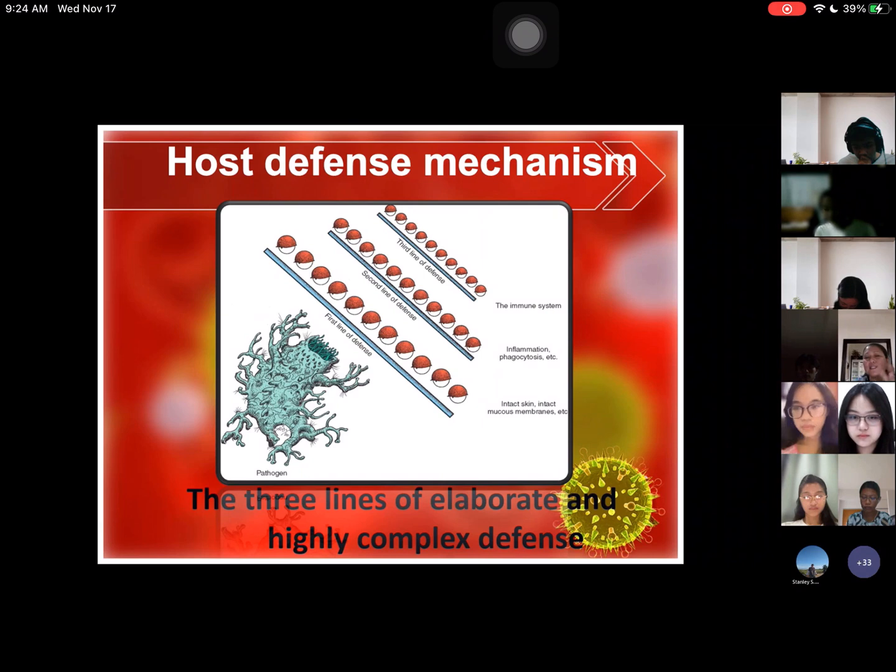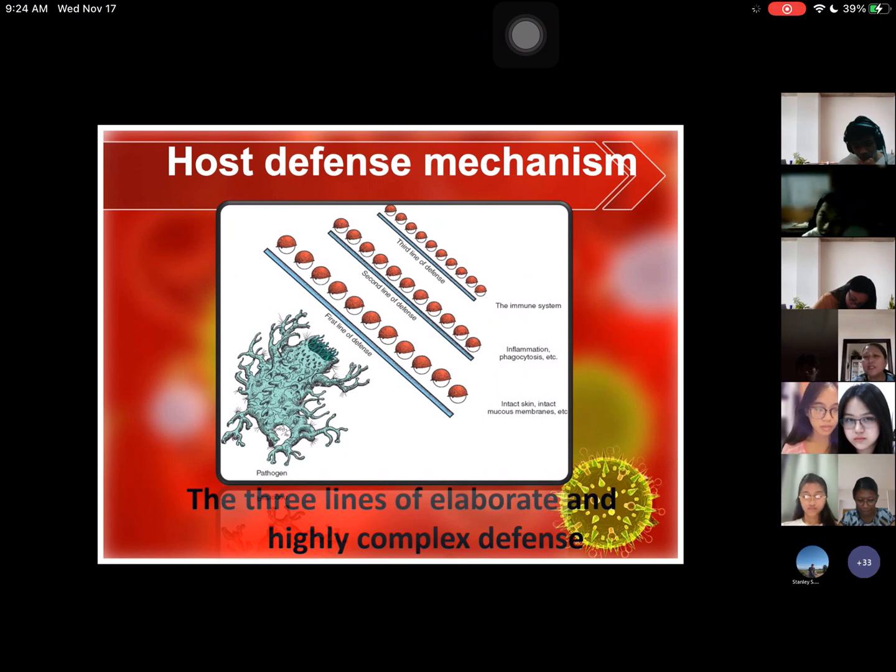So what are these three lines of defenses? The first and second lines of defenses are actually our non-specific line of defense. Meaning to say, it can destroy pathogenic and non-pathogenic invaders. Because it is non-specific, it can kill or destroy everything that invades our system.